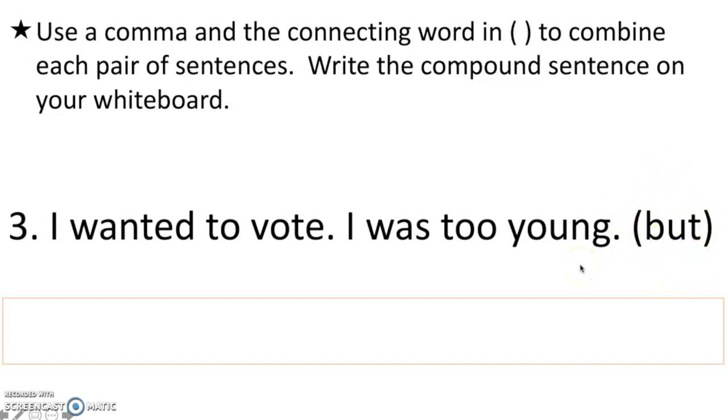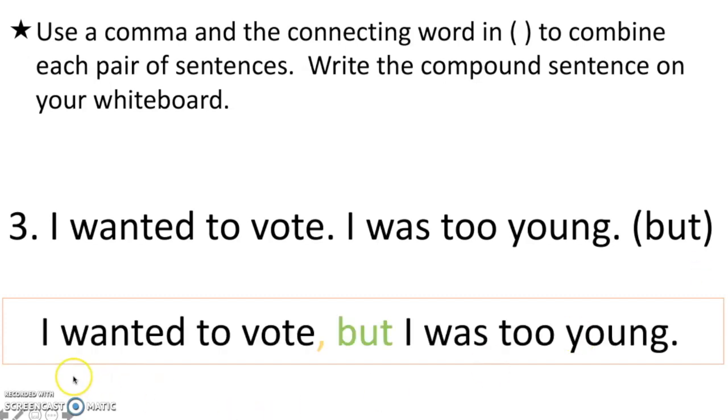So once more, pause this video so that you can come up with a compound sentence using both of these sentences, adding a comma, and using the word that is in parentheses. Okay, you should have written something like this. I wanted to vote, comma, but I was too young.